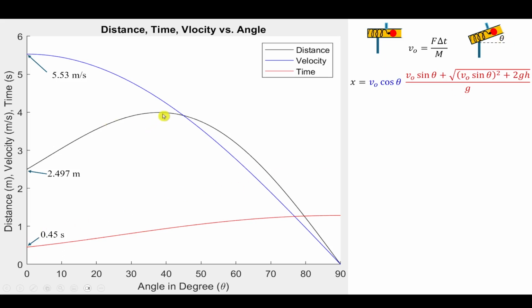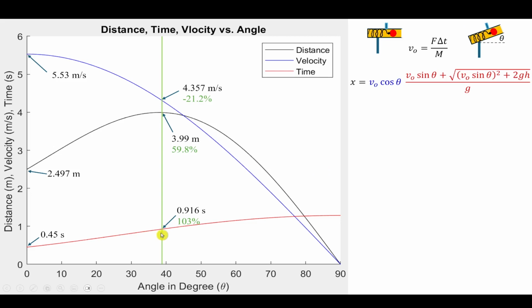The maximum distance, we said, is around here, when the angle is 38 degrees. At this angle, the velocity is reduced from 5.53 meters per second to 4.3. So the ball lost 20.2% of its horizontal velocity, because less force is pushing it this way, and some of the force is pushing it up.